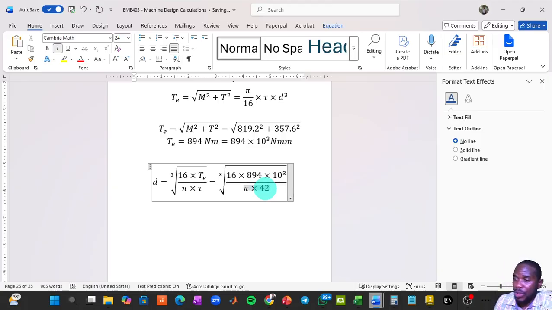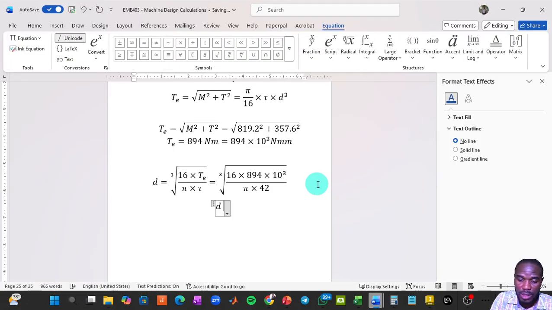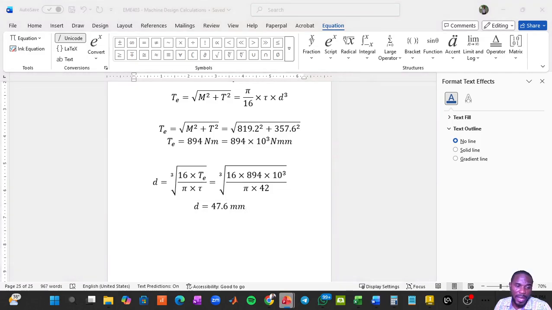When you do that math, you will arrive at the point where your D is 47.6 millimeters. Now, this is according to the Guest's theory. So we must now also go ahead and find out what the Rankine's theory says.